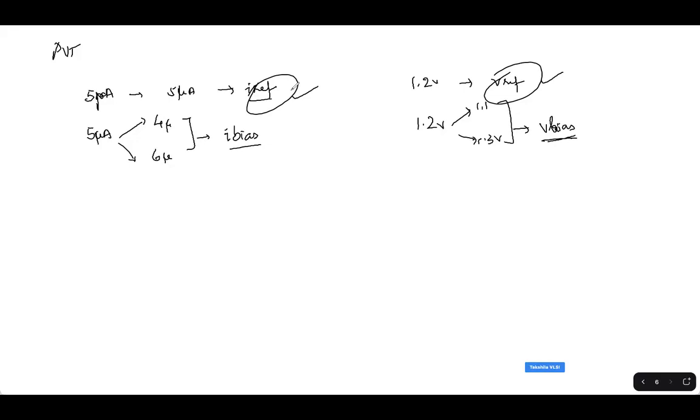V bias and I bias are also very, very common. But VREF and IREF are more important because using the constant voltage and constant current, we can do a lot of other stuff as well. That's why we are looking at PVT invariant current source and voltage source.